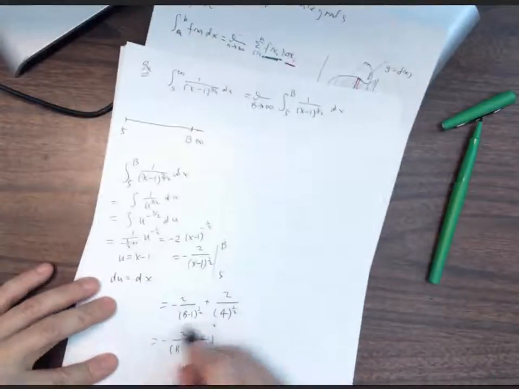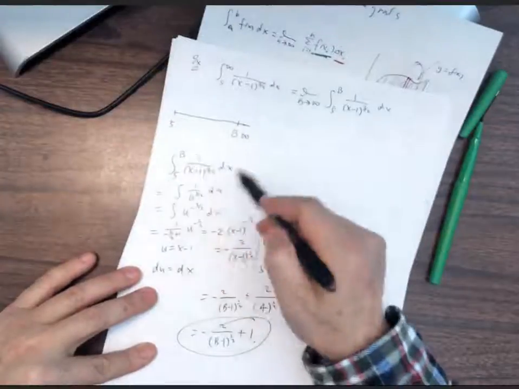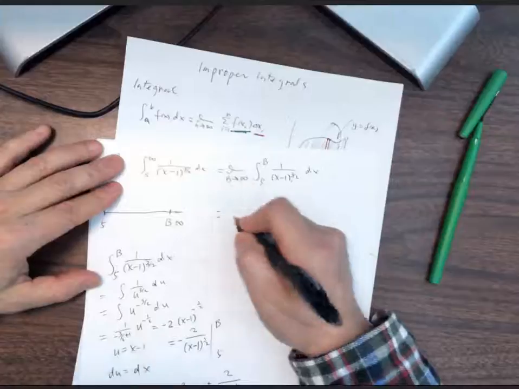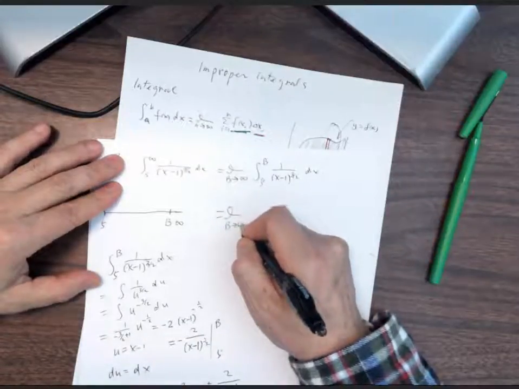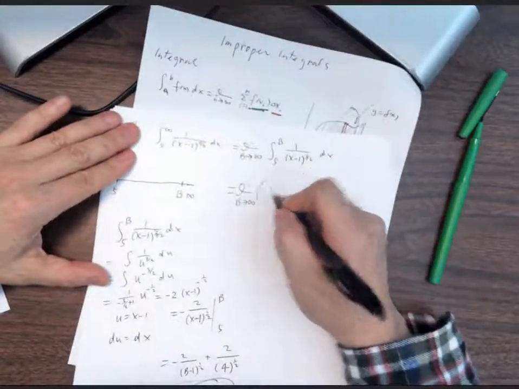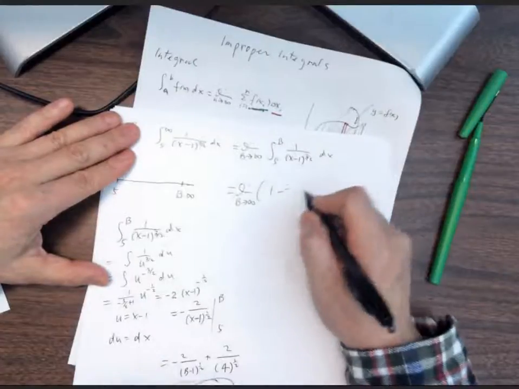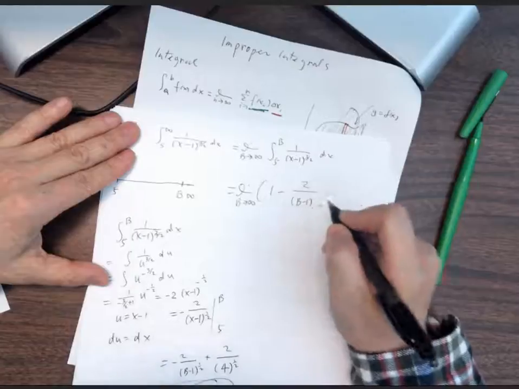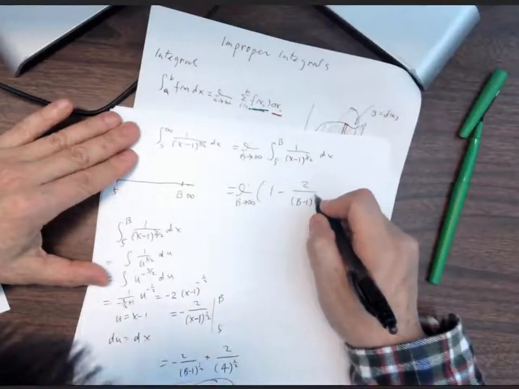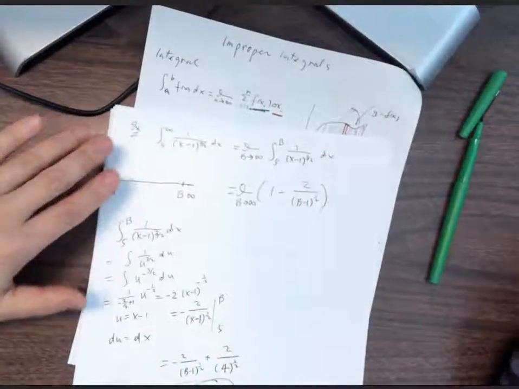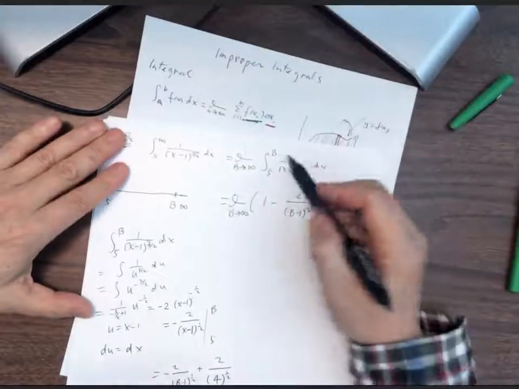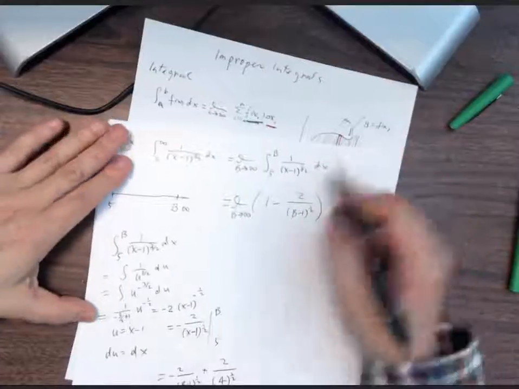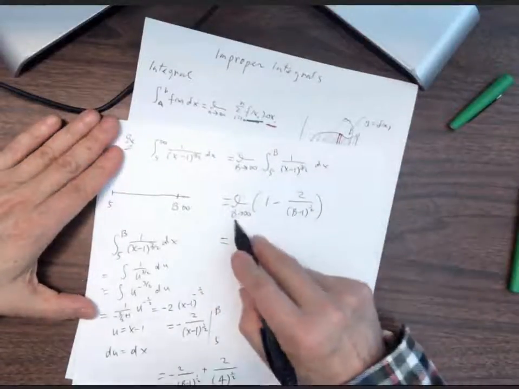So this is the value of this definite integral in the limit expression. Let's plug in. So this is 1 minus 2 over b minus 1. So we're done with the first part, the definite integral involved.